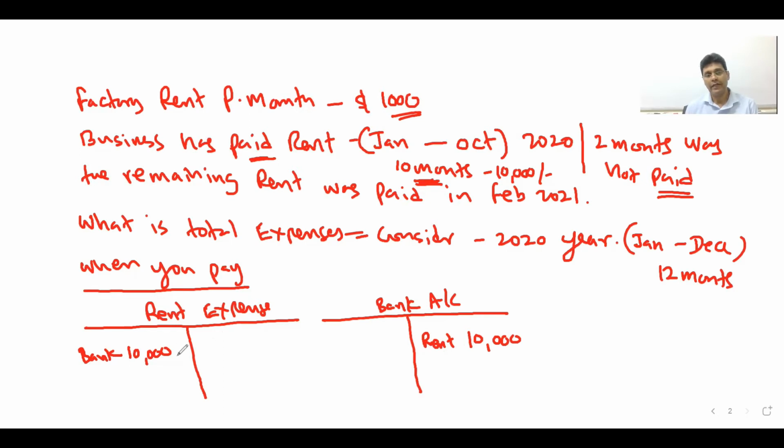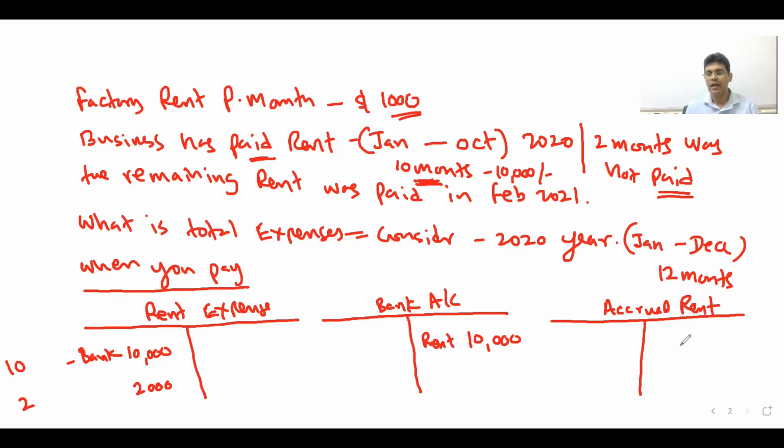Okay, so now in rent expenses we have taken only 10 months. The remaining 2 months rent expenses has to be accounted for, because under the accrual concept, whether the expense has been paid or not paid has to be accounted for. So the remaining 2 months rent has to be debited to the expense account, and we have to create a liability account called accrued rent.